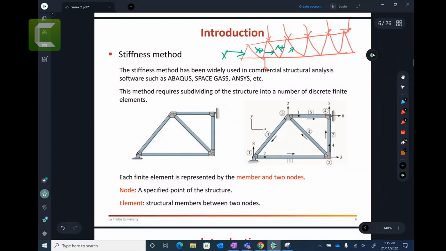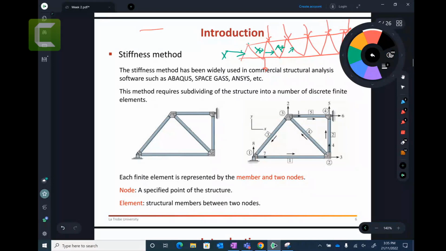Another point is that these joints are made of some kind of plates. Let me zoom in on this part here. If I have these members connected with some kind of bolt, and you have a plate, and I apply the load here, the moments or the bending will not transfer from one member to another member.